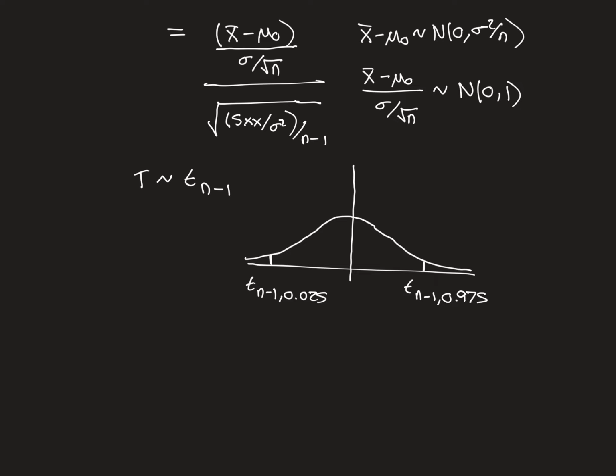Below that and above that would define your critical region, and if that test statistic that you calculated fell in these regions, then you'd reject the null hypothesis, say that's too extreme for the null distribution to be true, therefore this null hypothesis that mu is equal to mu0 must be false. Whereas if it fell in the middle region here, outside the critical region, then you'd say, okay, this is fine. We don't have enough evidence to reject our null hypothesis with that sample.